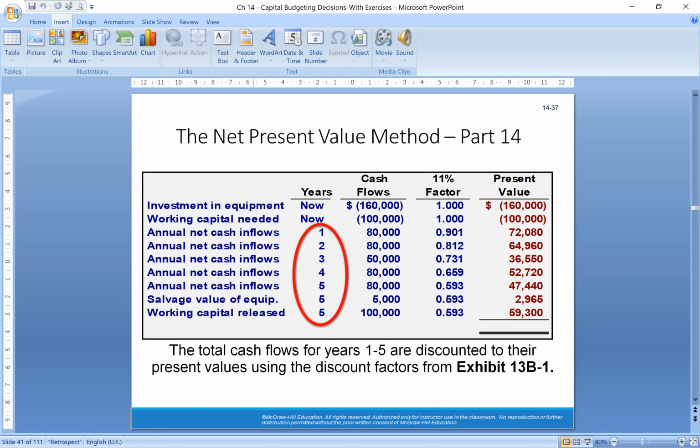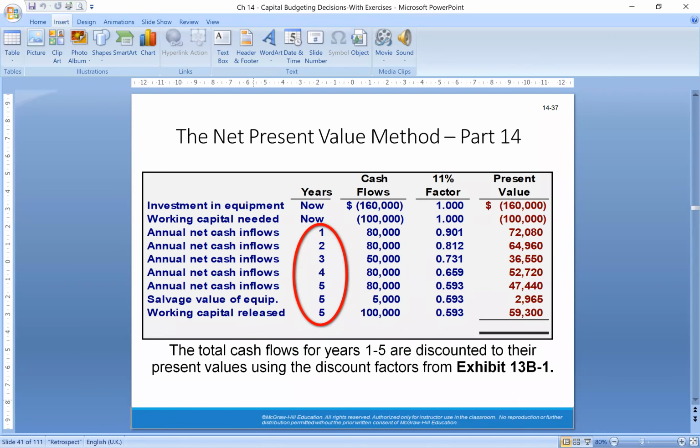Suppose that we don't have equal inflows for the 5 years. In 1 year, I will receive 50 only because any circumstances happen in year 3 that entitle the company to receive 50 instead of 80, which means I will use the factors from table 1. Why? Because the amounts are not equal.